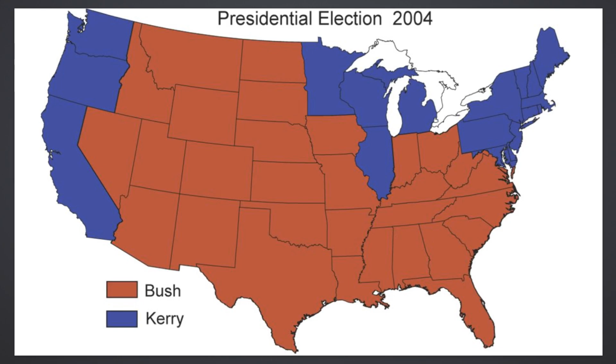And it makes it look like there's, for example, the left coast, the liberal coast, or the northeast liberals, and then the heartland is red, and it really changes the way we look at the United States.